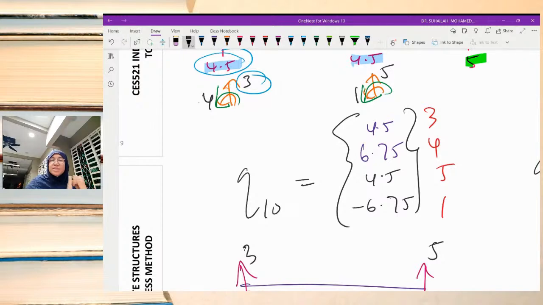That is the first thing you have to understand, so be careful. Number 2 is when we analyze the equivalent nodal forces. Focus on these two in analyzing beam. The rest are all the same.